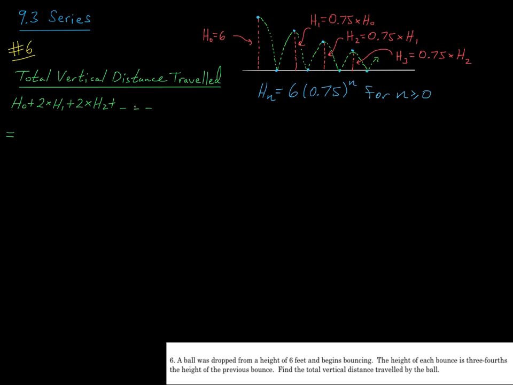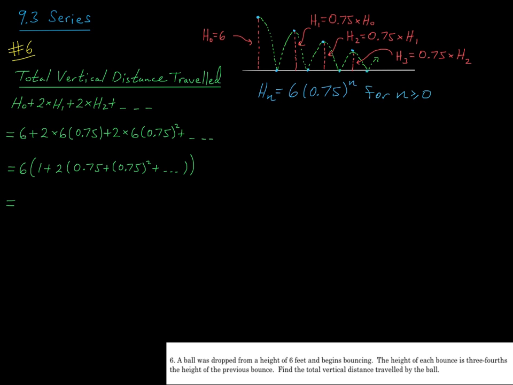All right, so now to find the sum, I'm going to go ahead and plug in this expression for h sub n. So h0, that's 6, plus 2h1, so that's 6 times 0.75, plus 2h2, that'd be 2 times 6 times 0.75 squared. Then 2h3 would be 2 times 6 times 0.75 cubed, so on and so forth.